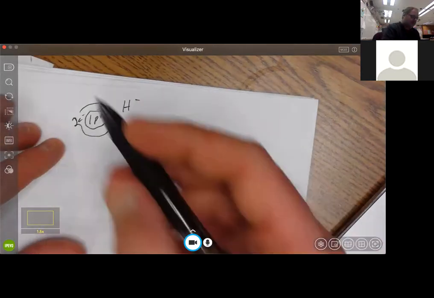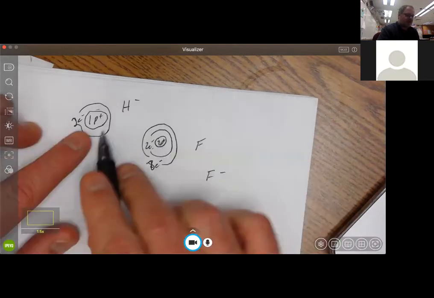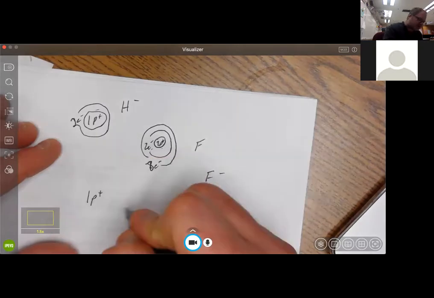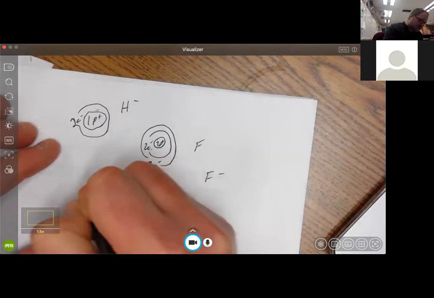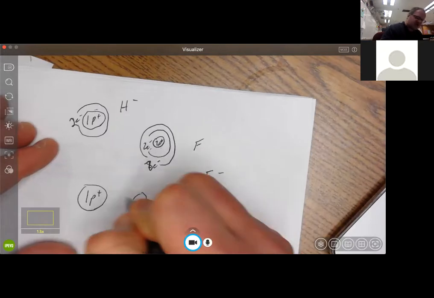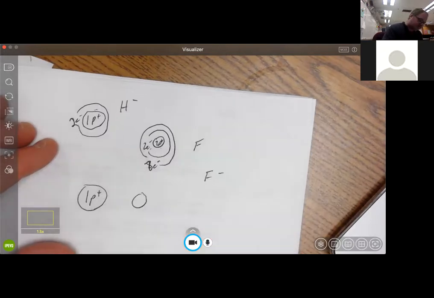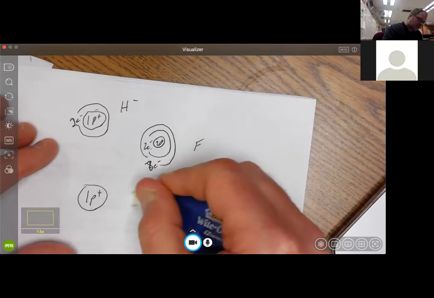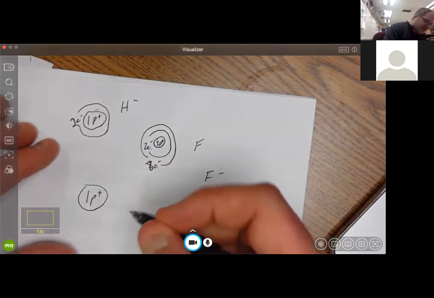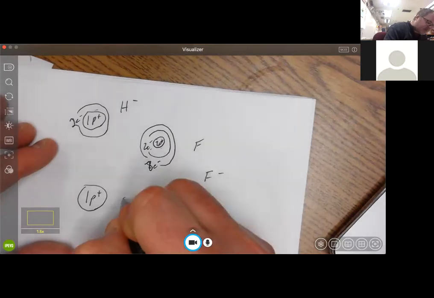Now again, if hydrogen and fluorine were instead sharing electrons, here we have the 9 positive charges of the fluorine.